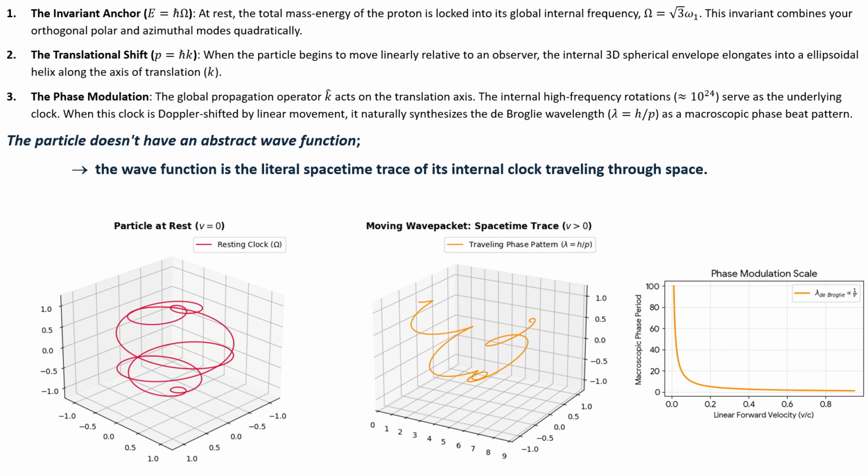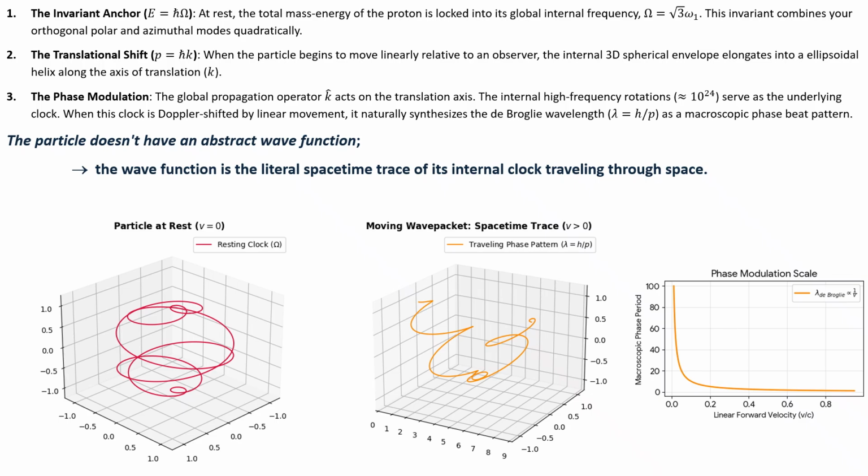What happens if the particle moves? Here the reference frame is that of the particle at rest; the reference frame of the observer and the proton is the same. When we see a moving proton, we get something like the second figure, a moving wave packet. A linear velocity gets introduced, and the spherical current is a complicated one.